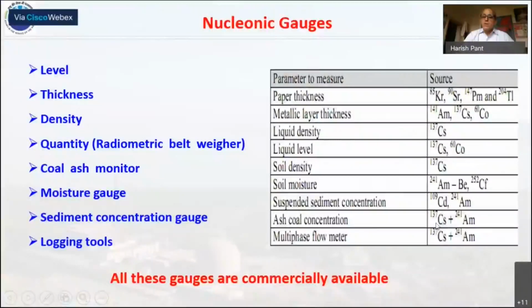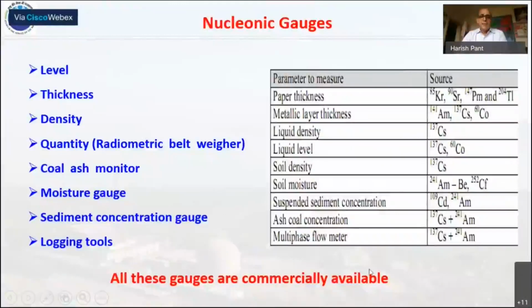One has to use dual sources in that case. And in the multi-phase flow meter, again, cesium 137 and americium 241 sources are used. So you can see that these are the sources used in these different gauges. And all these gauges which are just mentioned here are commercially available.